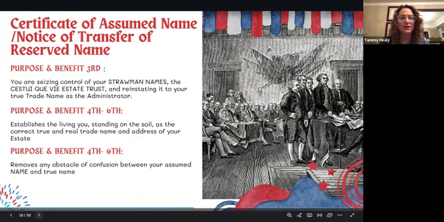The purpose and benefit of the 4th through 6th paragraph of this document is it establishes the living you standing on the soil as the correct, true, and real trade name and address of your estate. The purpose and benefit of the, actually, that was supposed to say, I think, 7th and 8th. It removes any obstacle of confusion between your assumed name and your true name.